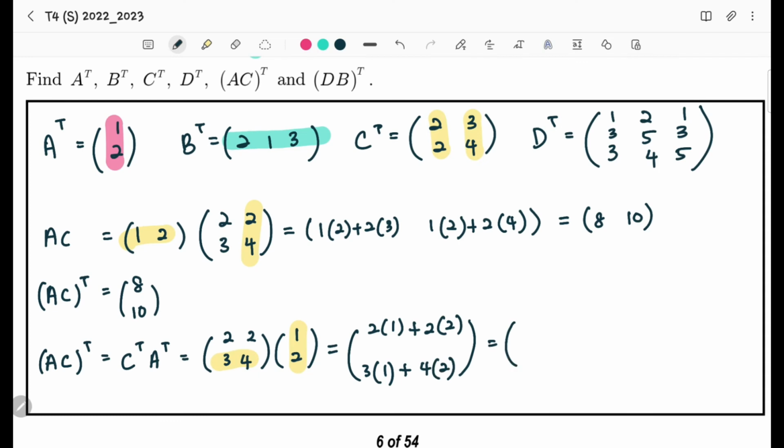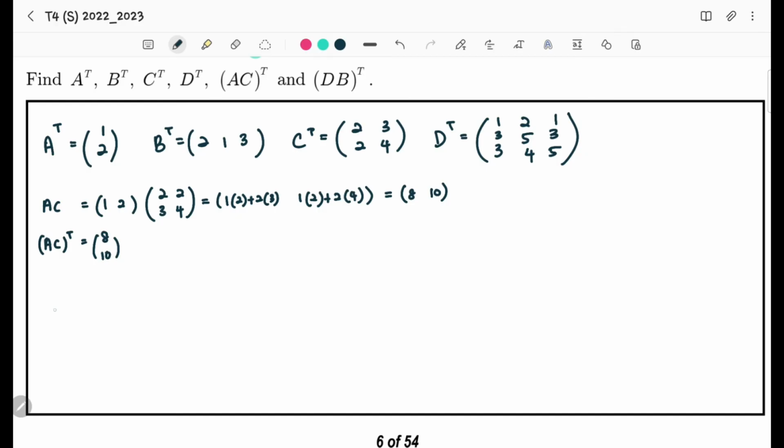And you'll get the same answer. I'm sorry, my bad. C transpose should be 2, 3, 2, 4. So this one should be 3, this one should be 2. So we'll get 8, 10, the same answer.